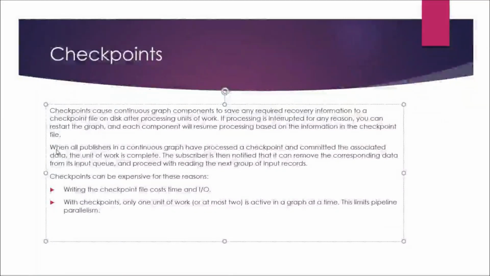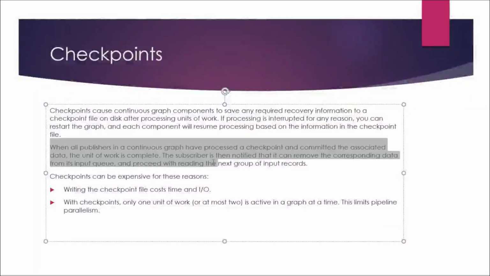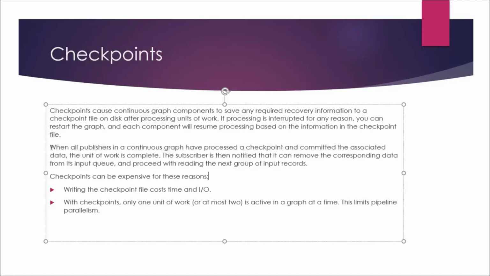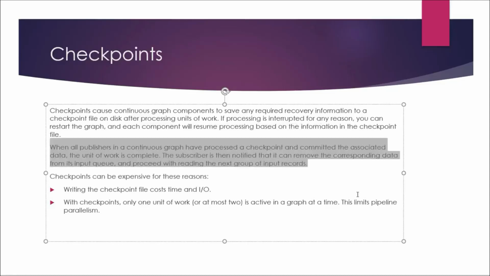Also, as I already discussed, if any publisher component inside a graph has processed a unit of work, or reaches a checkpoint, it commits that associated unit of work in the publish area. The publisher component publishes that unit of work, and also notifies the subscriber that it can remove the corresponding data from its input queue and proceed with the next unit of work. We already discussed that.